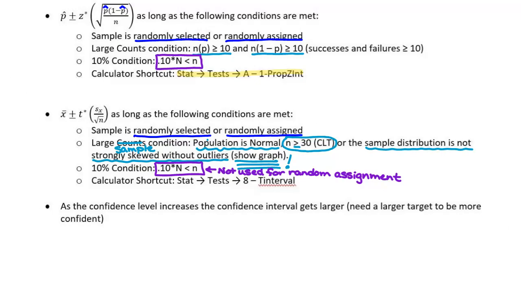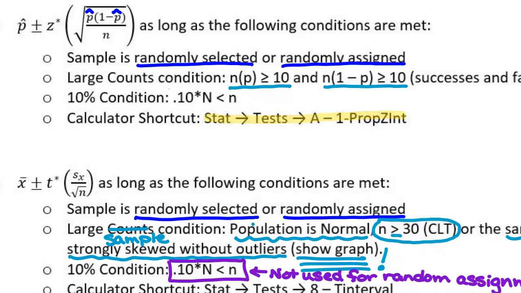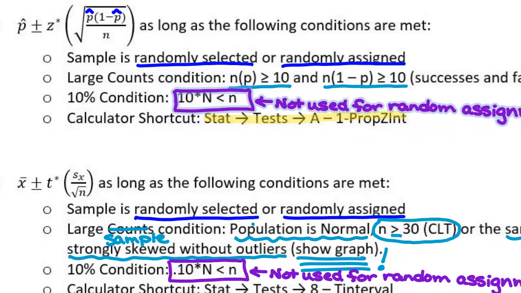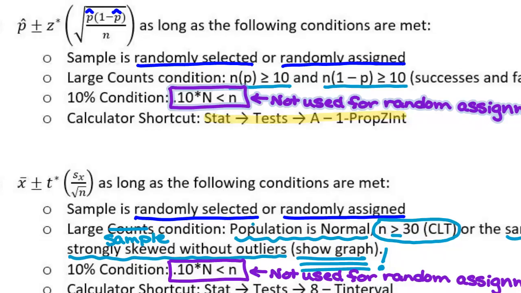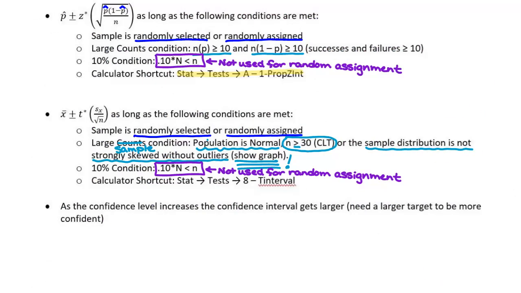Because with random assignment, we are not sampling without replacement. And so we do not have to check our 10% condition. If it is randomly selected, and the selection means that it can't be picked again, that's when we have to check our 10% condition, which is most of the time.